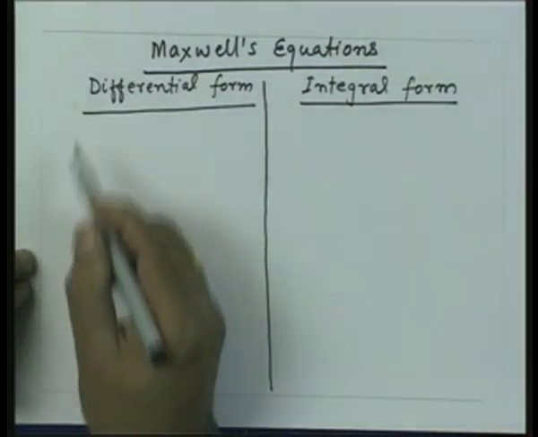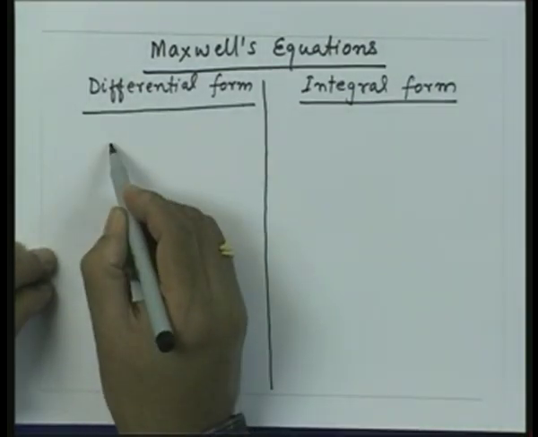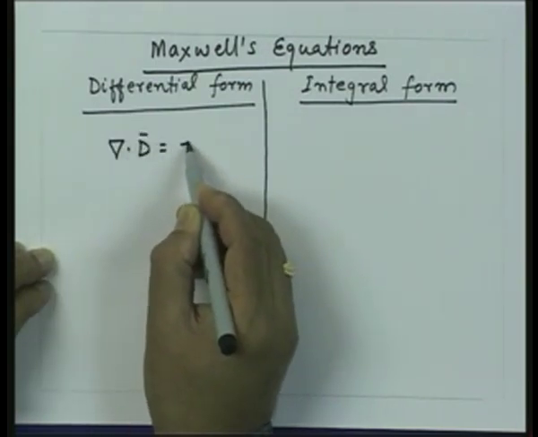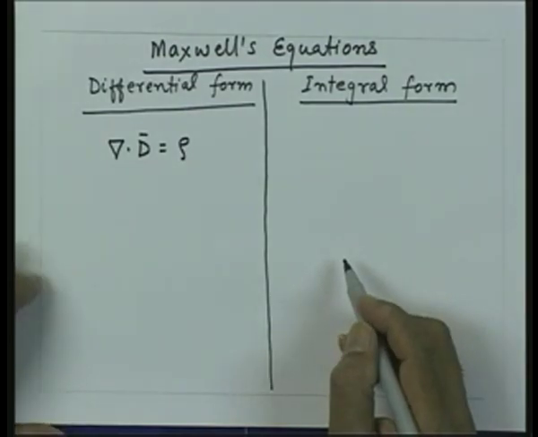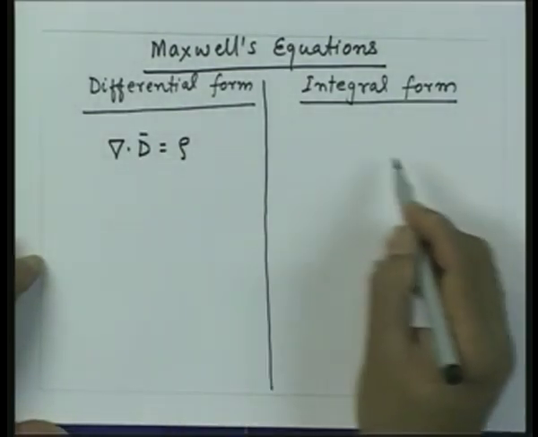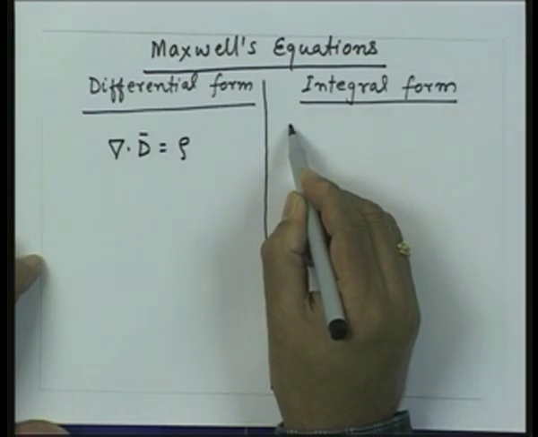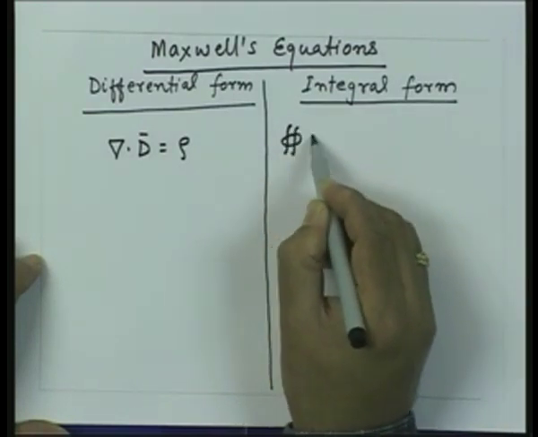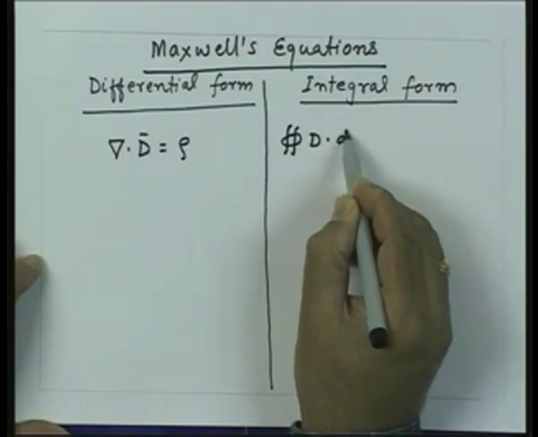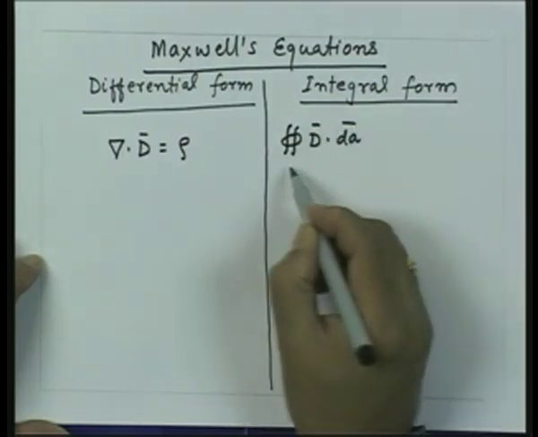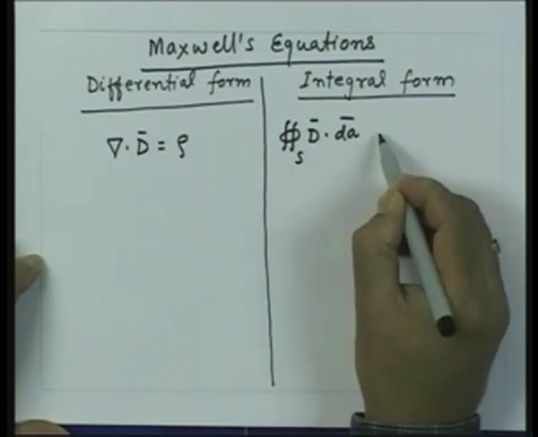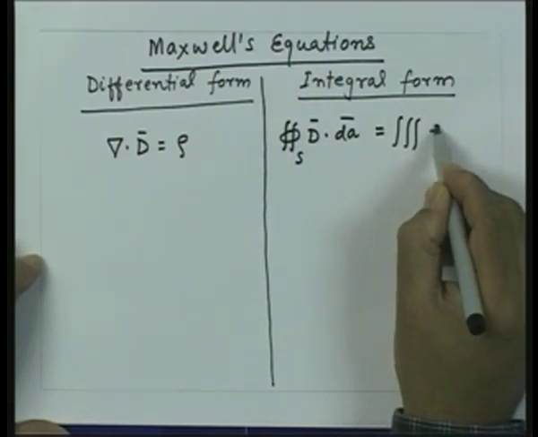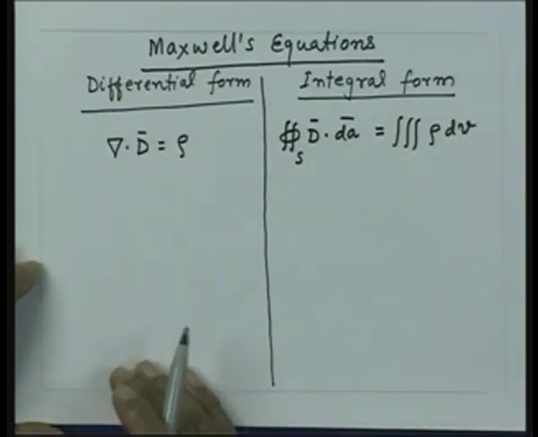The first equation, Gauss law, gives del dot D equals rho. The same equation in integral form says that the integral of D dot dA over the surface is equal to the integral of rho dV.